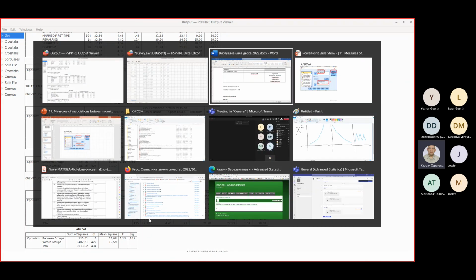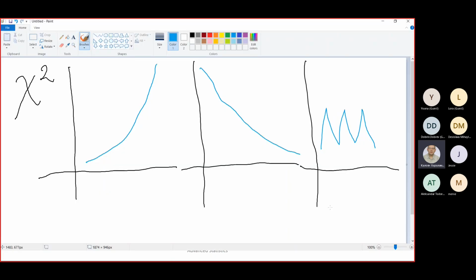So we are in the third situation. Mean scores go up and down, up and down. So this relation has no direction.